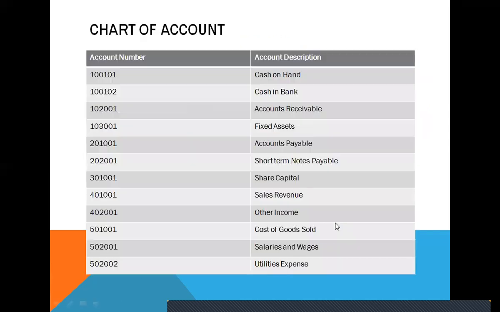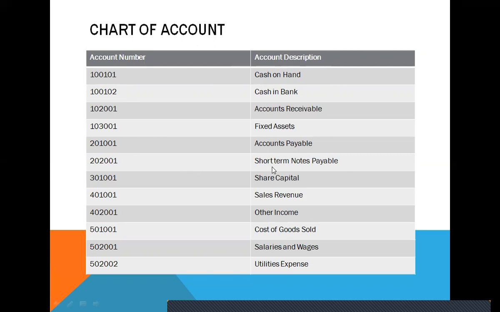Okay, so for example, this one, the chart of accounts. As you can see here, the account number is 100101. That is for cash on hand. Cash on hand, cash in bank, accounts receivable, and fixed assets are all assets, so the account numbers start with 1. Accounts payable is a liability, so its account number starts with 2.